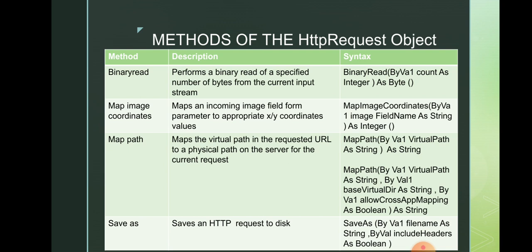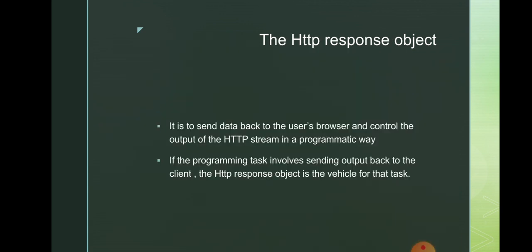Map image coordinates. It maps an incoming image field form parameter to appropriate XY coordinates value. Next, map path. It maps the virtual path in the requested URL to the physical path on the server. Save, to save an HTTP request to disk. Okay, got it, students?